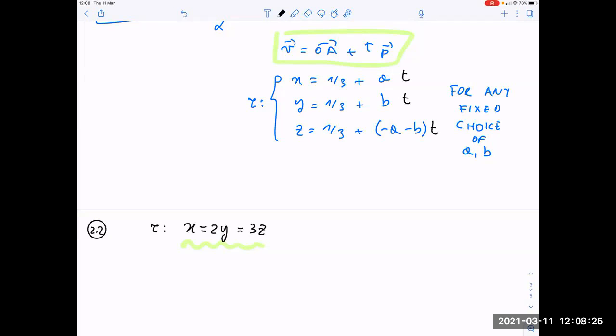Yep. Now look at 2.2. This is a way of writing the line. Sometimes people use it, and this means x equal 2y, 2y equal 3z, and that's defining line R because you need two equations. Or it could also be x equal 2y and x equal 3z.